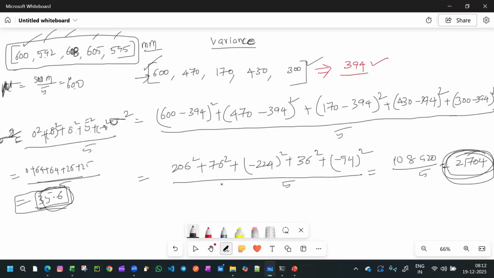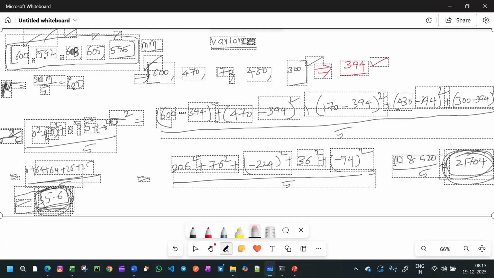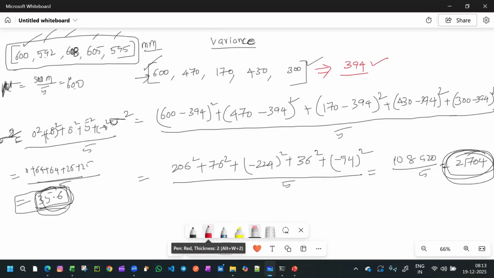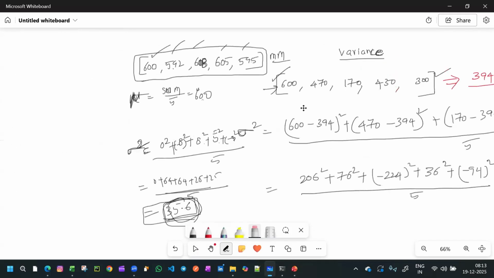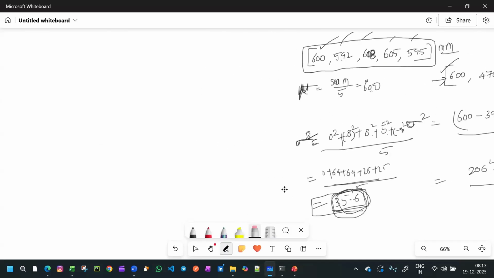Clear so far? The standard deviation. This number is difficult to interpret as larger or smaller, so I can use the standard deviation instead.